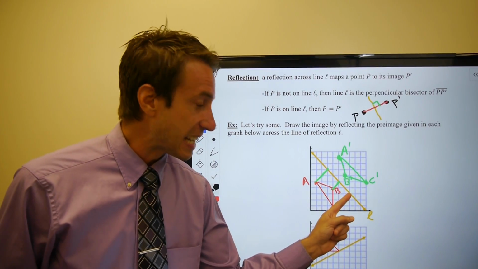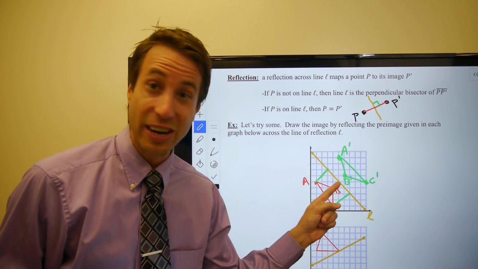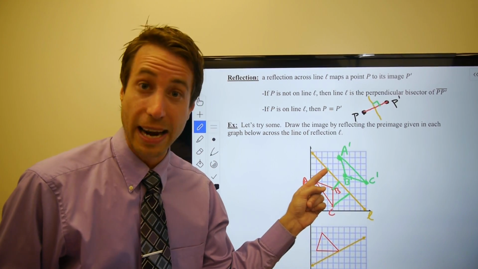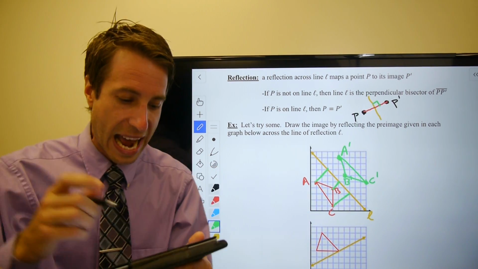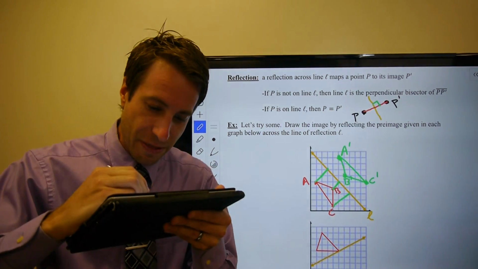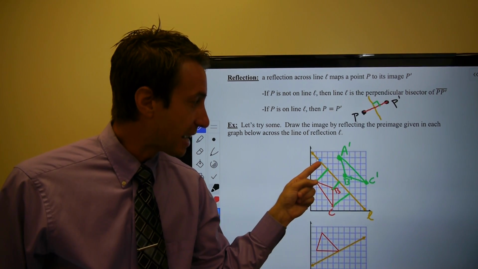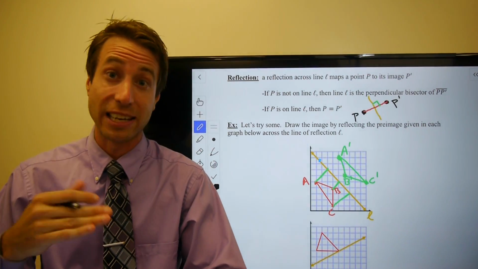That right there is an intersection of horizontal and vertical lines on my grid. That point right there is too. That point right there is too. As opposed to, say, this point right here. That point right there is not at an intersection of the horizontal and vertical lines.